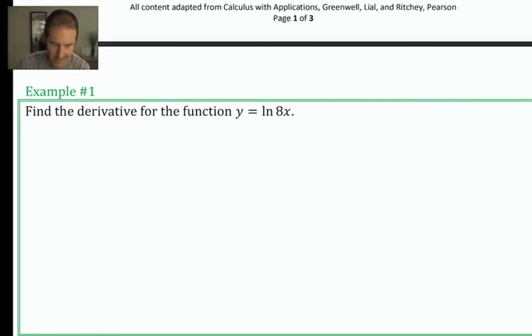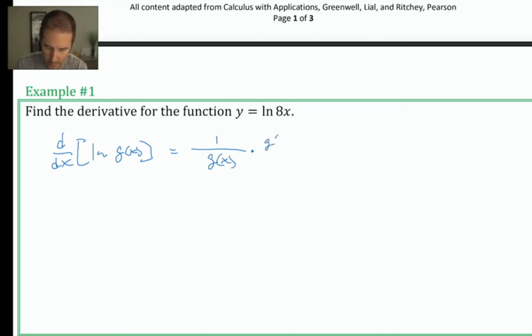And I know, at least the way that I think of it, is that the derivative with respect to x of the natural log of some function g of x is equal to 1 over g of x. And then the chain rule says I have to multiply by the derivative of g of x.